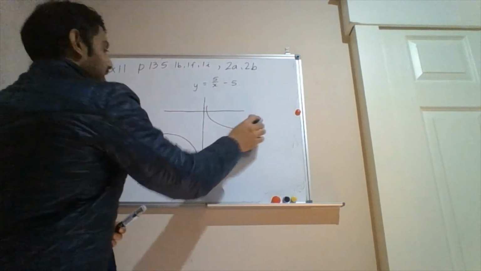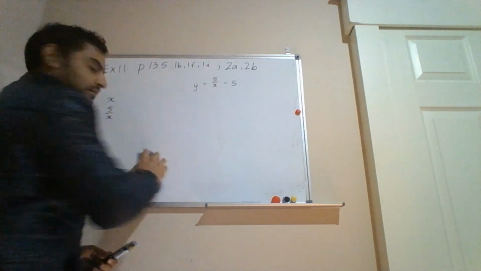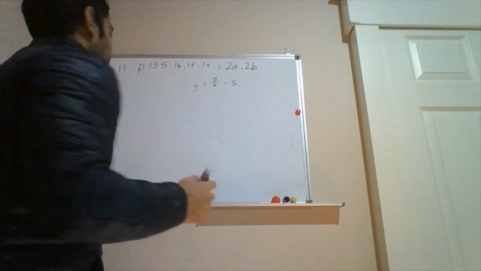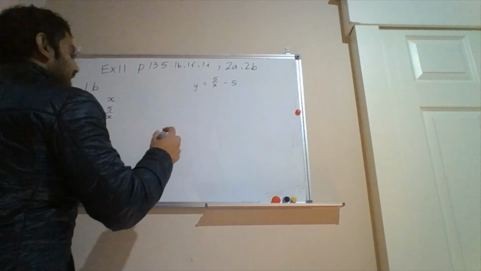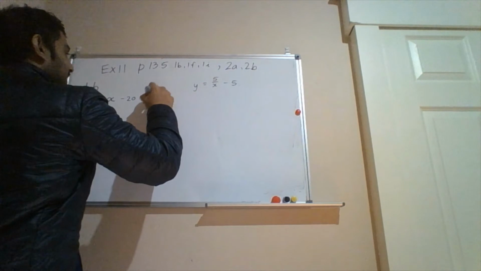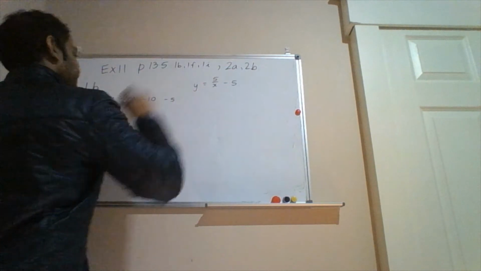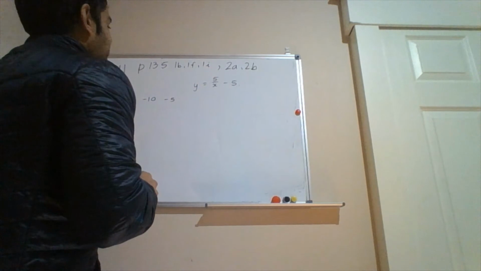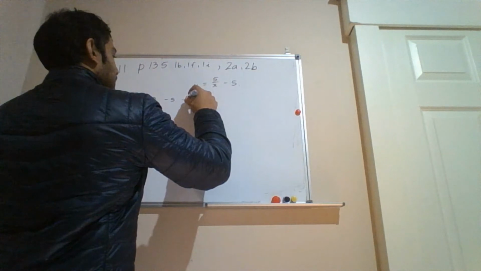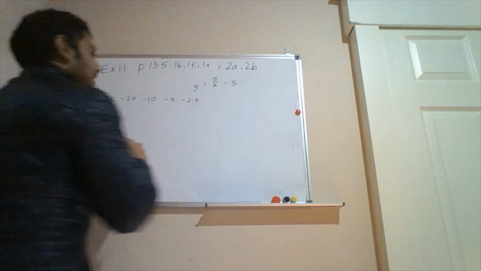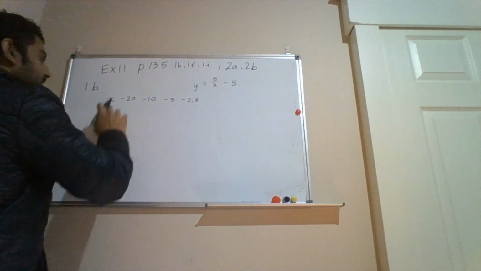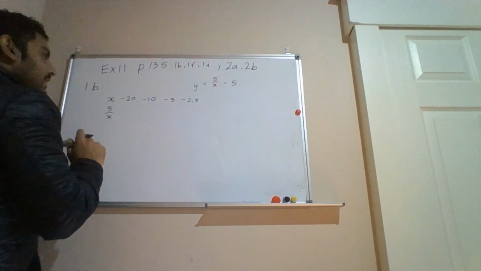Okay, so let me get some points, and I'm going to try and choose points that make my life a little bit easier. So I want some multiples of 5, so let's do x equals minus 20, minus 10, minus 5, minus 2.5. Okay, so when I put these values into our equation, it's going to be 5 divided by everything.